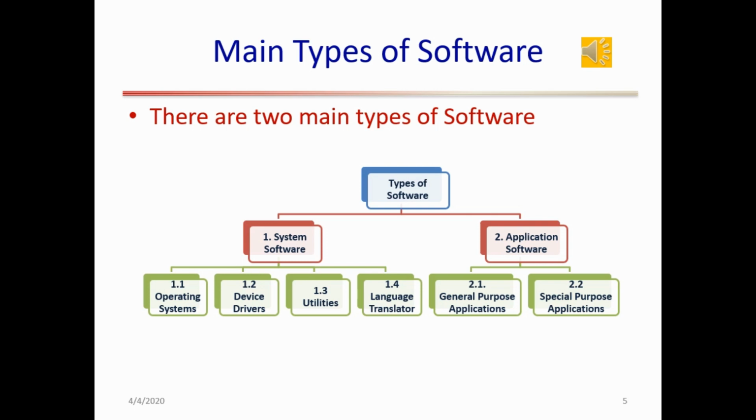In system software, there are four main subcategories, which are the operating system, the device drivers, the utility services, and finally the programming language translators. While in application software, there are two main subcategories: the general purpose applications and the special purpose applications.